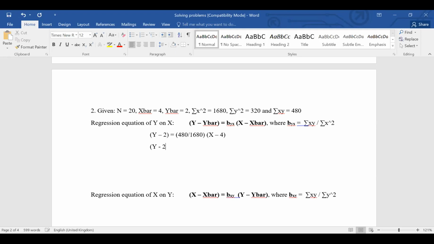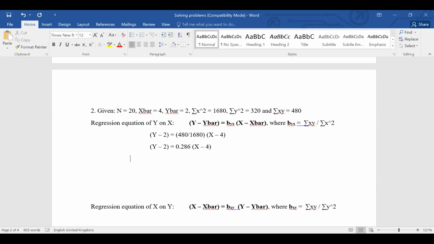Now, y minus 2. What is 480 by 1680? 480 by 1680. Anyone? 0.286 into x minus 4.